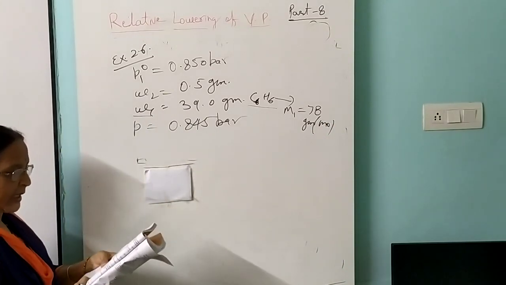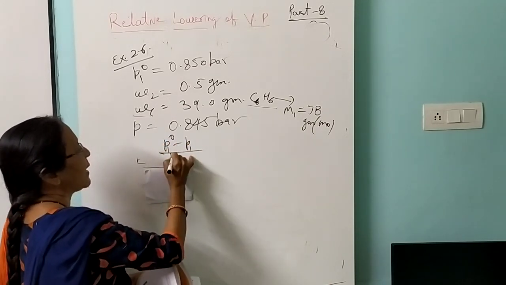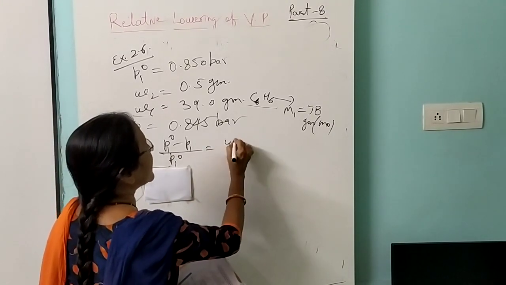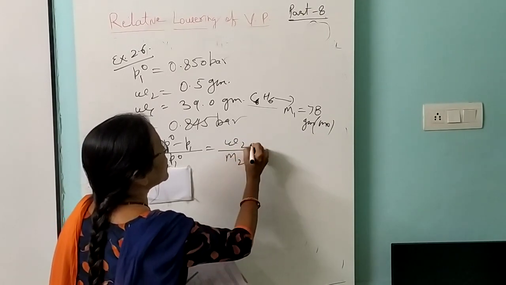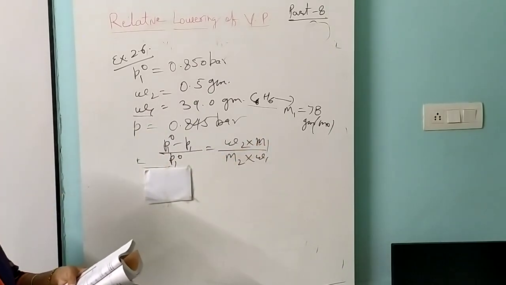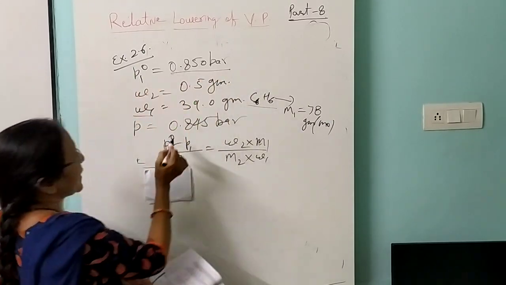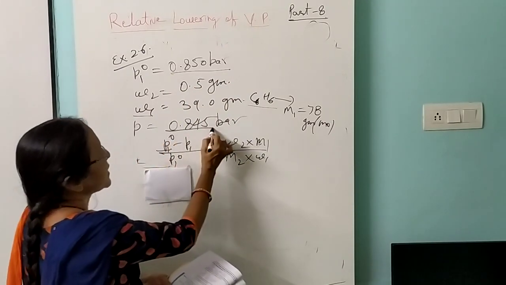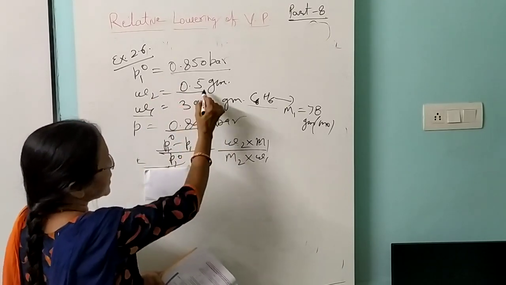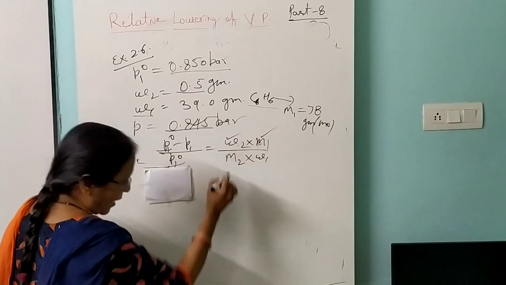Now I will write the same formula here: (P1⁰ minus P1) upon P1⁰ is equal to n2 upon n1, and instead of n2 upon n1 I have to write W2 upon M2 into M1 upon W1. Now P1⁰ is 0.850, P1 is 0.845, W2 is given, M1 is given as 78, and W1 is given as 39.